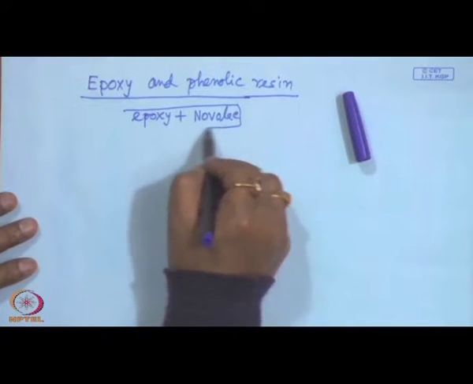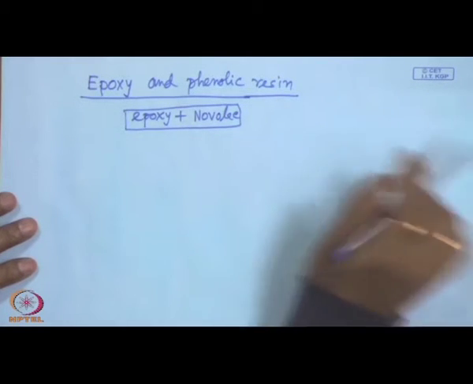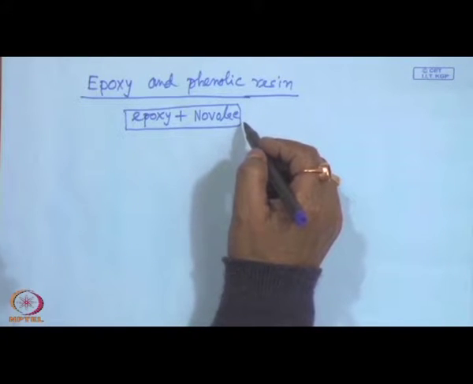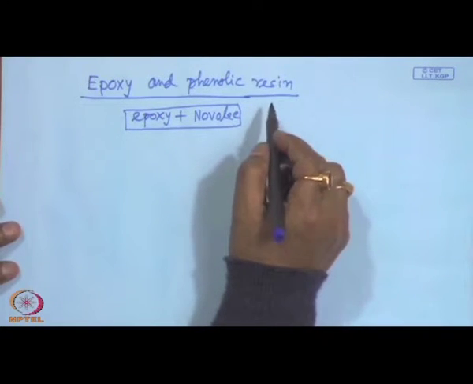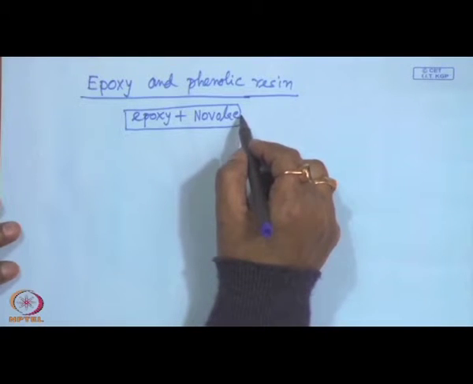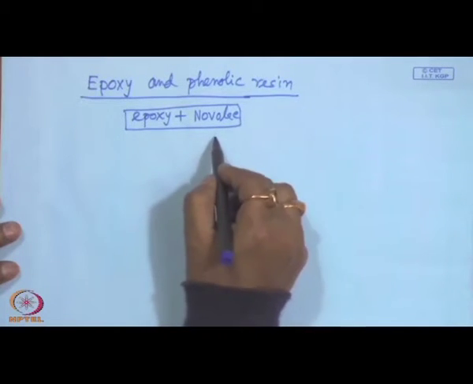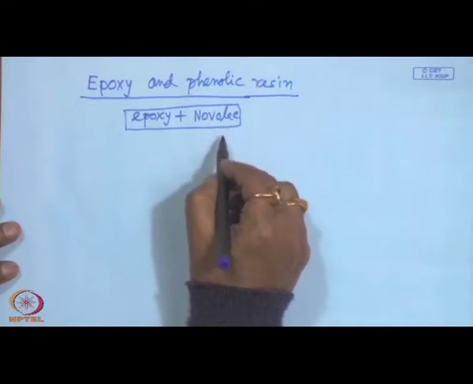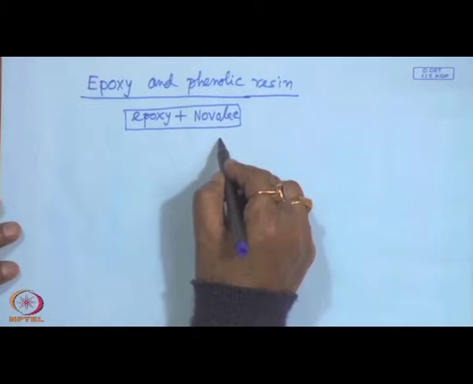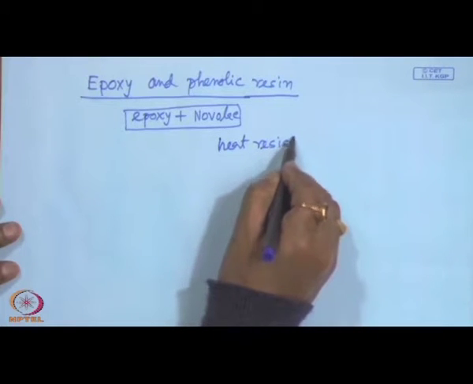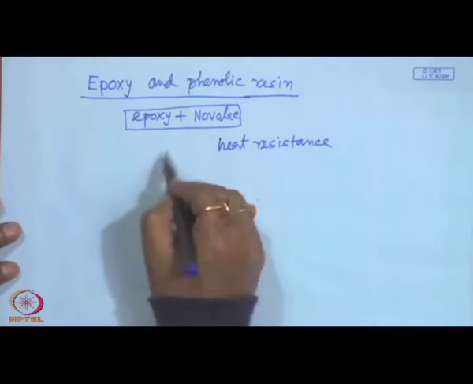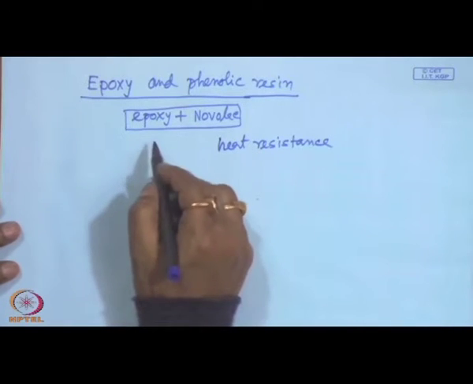Now, this combination gives very good curing characteristics, curing properties, cross-link density, leading to stronger composites. This Novolac resin, phenol formaldehyde resin, gives thermal stability, heat resistance, etc., and this epoxy contributes to toughness.